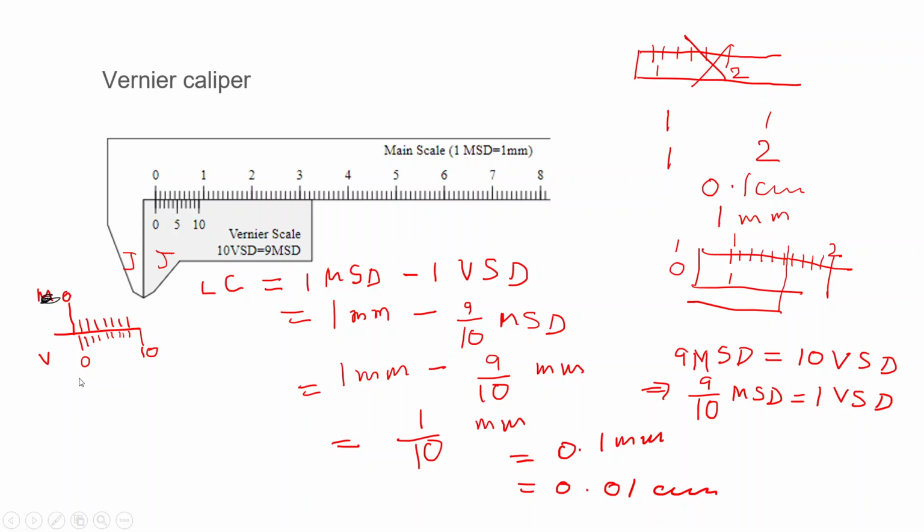If the zero of the vernier scale is shifted to the right from the zero of the main scale, we call it positive zero error. Again I am repeating, when the zero of the vernier scale is to the right of the zero of the main scale, it's called positive zero error.